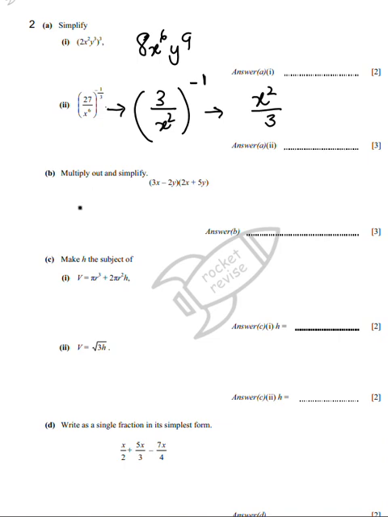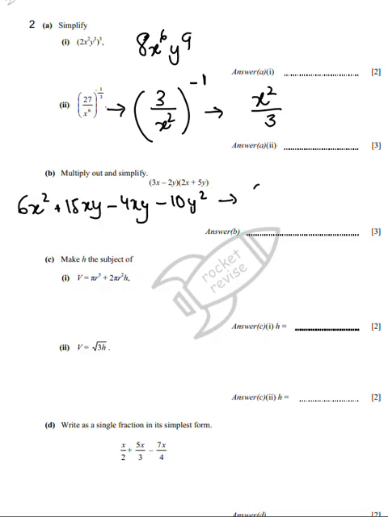Multiply out and simplify: (3x - 2y)(2x + 5y). 3x into 2x becomes 6x squared, plus 15xy, minus 4xy, minus 10y squared.